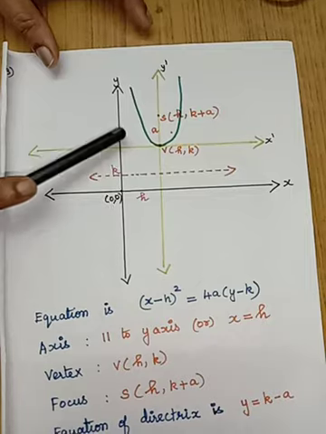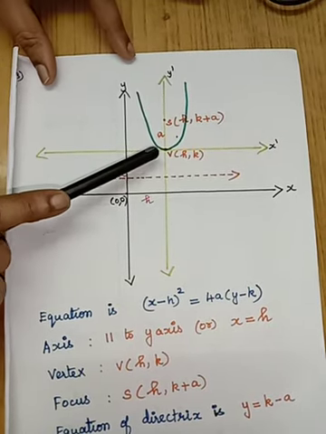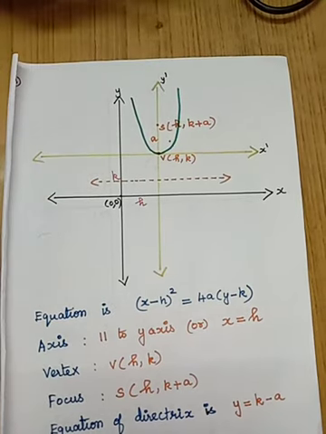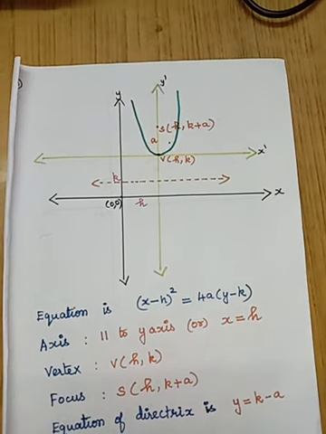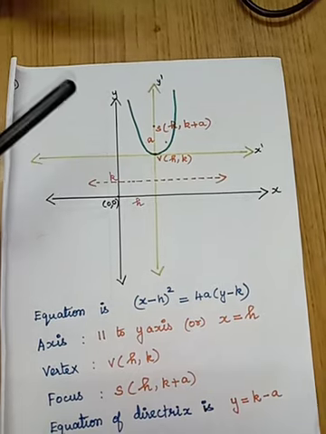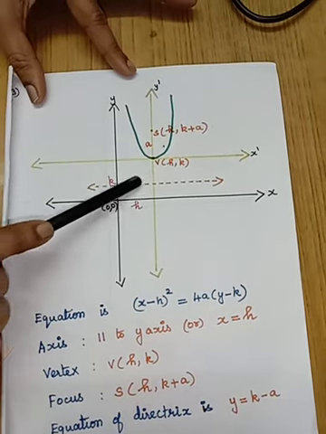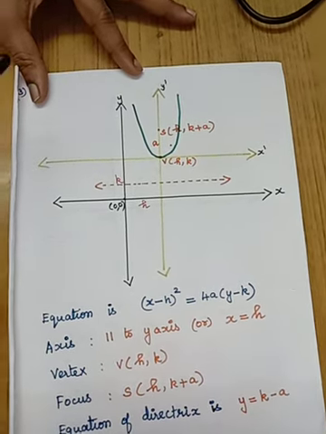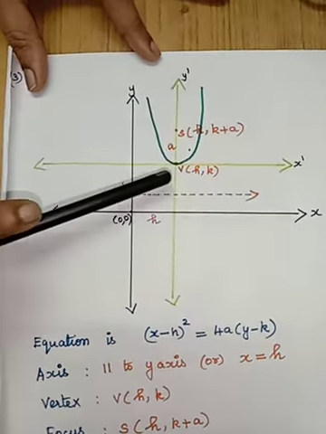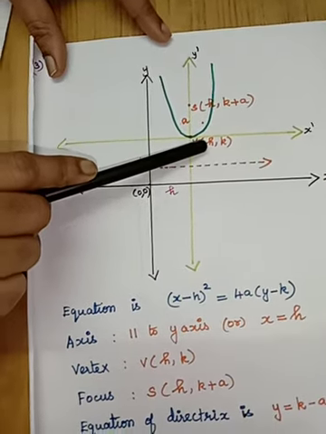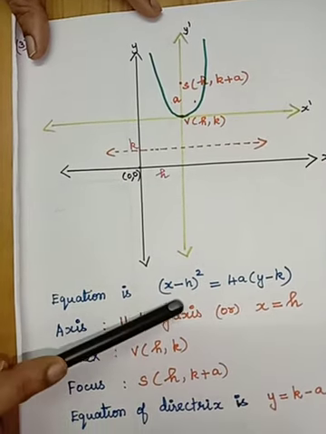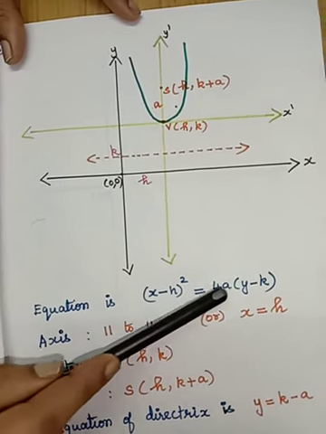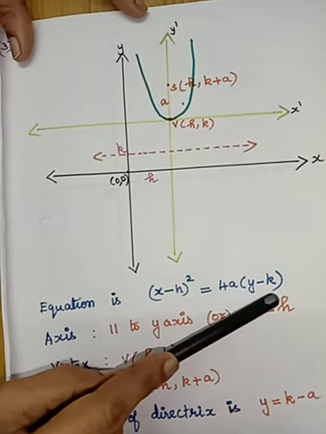See now, the equation of the parabola whose vertex is 0 comma 0 and which opens upward is x squared is equal to 4ay. Now your vertex is h comma k, so in the place of x, what do you have to write? x minus h. So x minus h the whole squared is equal to 4a into y minus k.